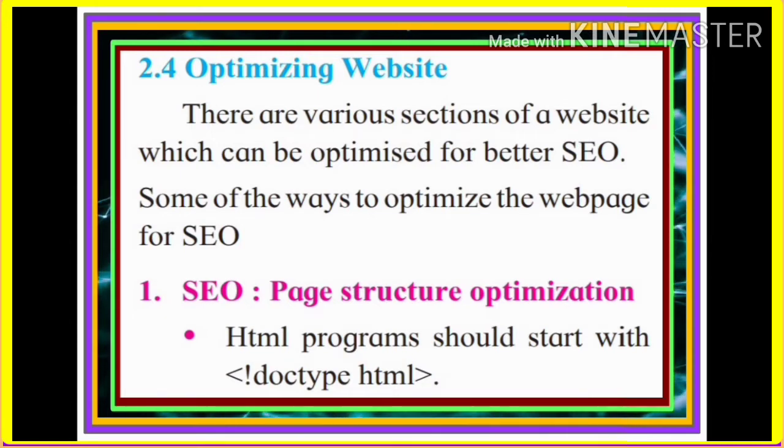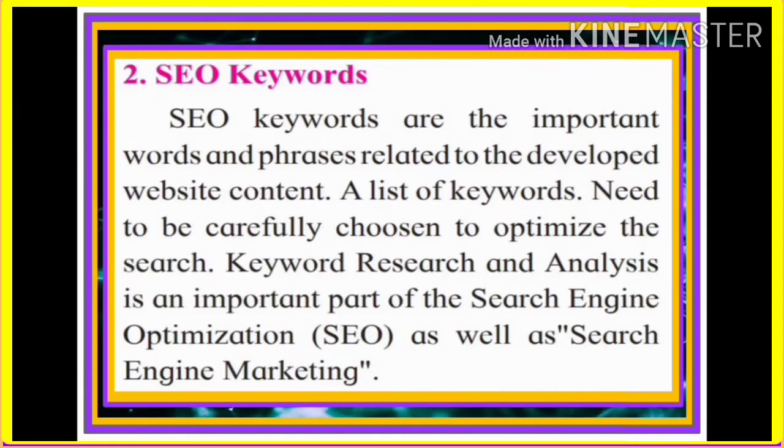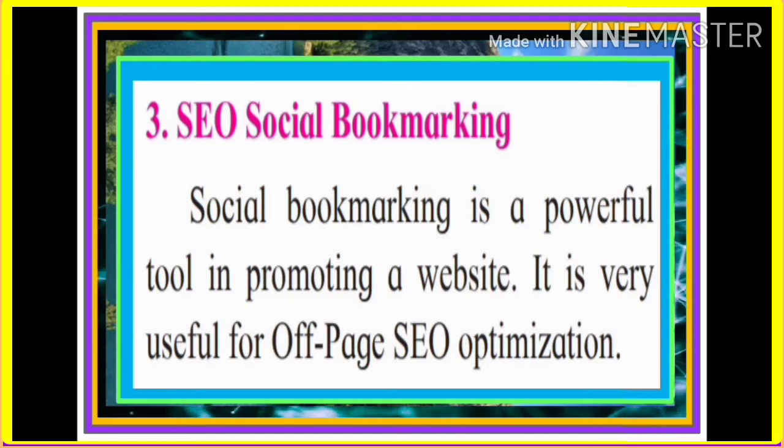There are various sections of website which can be optimized for better SEO. Some of the ways to optimize the web page for SEO are: first, SEO page structure optimization. Second, SEO keywords. Third, SEO social bookmarking.